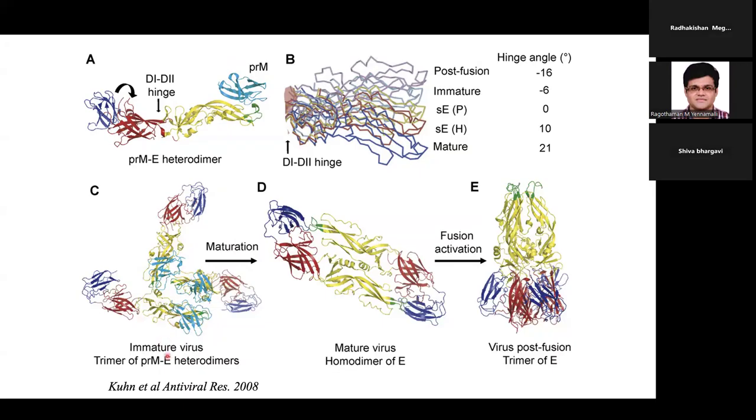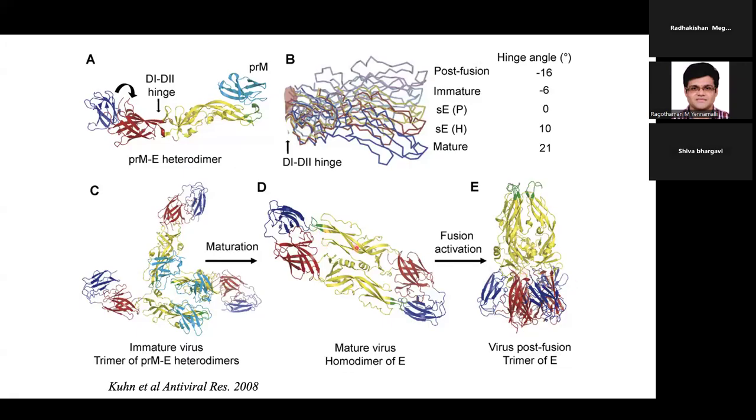The immature virus is also in a heterodimer, but not exactly in the form we know about. When it matures, it forms this raft-shaped protein homodimer. And after it gets activated at low pH, it forms this post-fusion trimer.